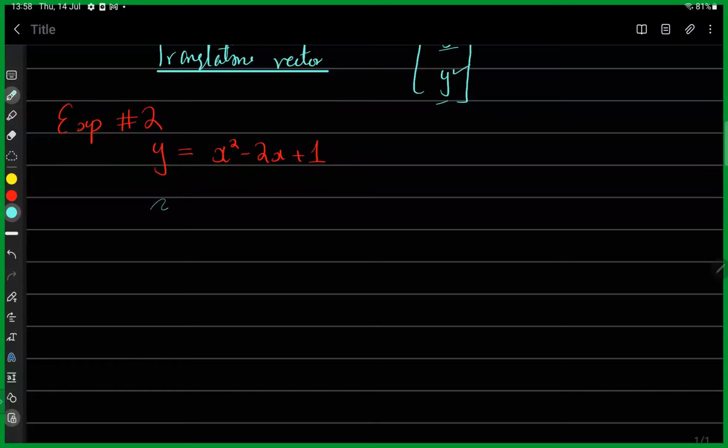And the translated function is (x minus 3) squared minus 2(x minus 3) plus 1. What is the difference? Everything is the same. The only difference is that now instead of x, I have x minus 3.